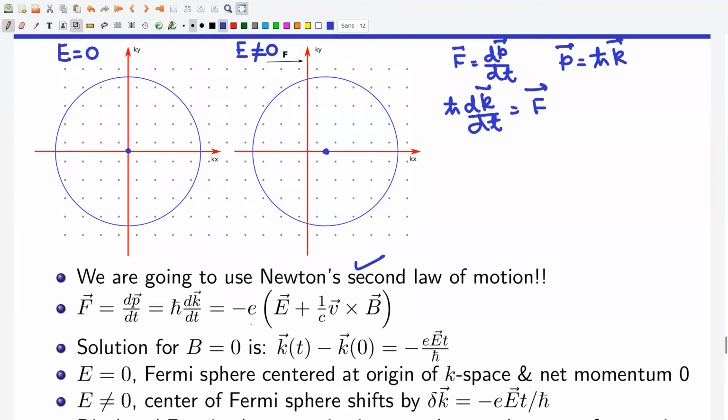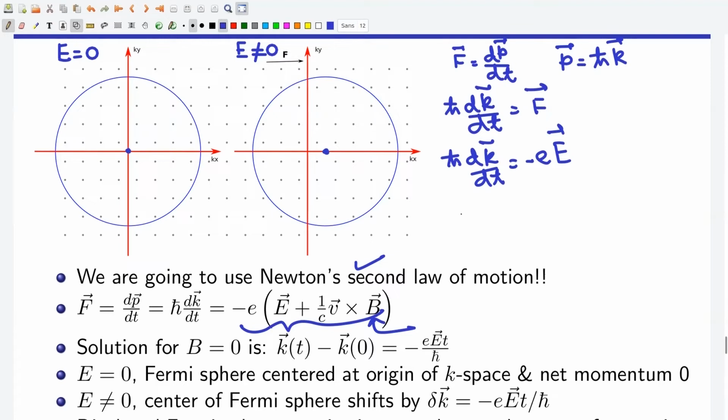So the force in this case is given by the Lorentz force. Now let us consider only the electric field, such that the magnetic field is 0. Then what we have to solve is ħ dk/dt equal to the force, which is minus e, the charge of the electron, times E, the electric field.